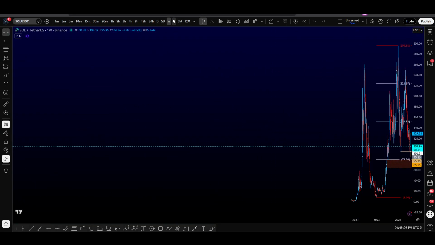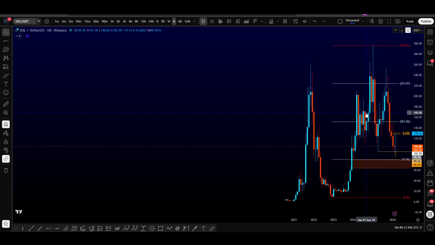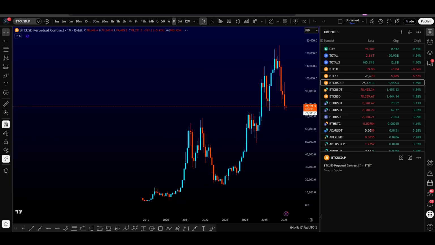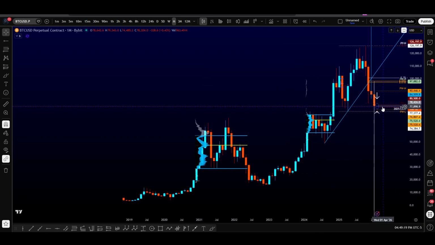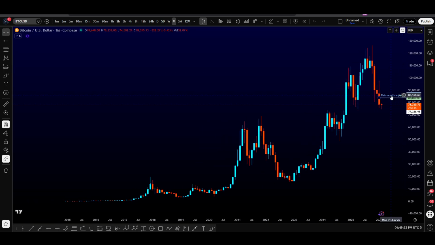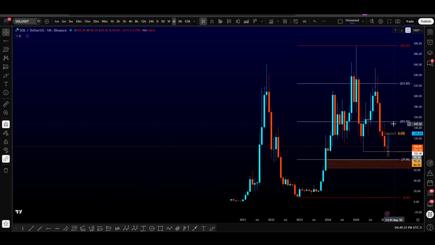But yeah, Solana is just bearish, right? Let's just be very straightforward here. It's just very bearish. The entire crypto market is very bearish. Go ahead and take a look at Bitcoin, right? Very bearish. Let's go ahead and look at this chart, even better. Very bearish. Solana, everything else, also very bearish.